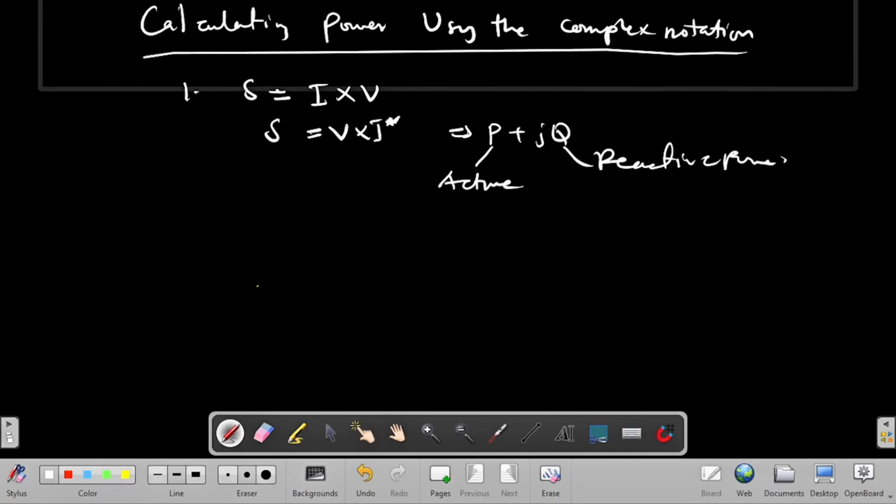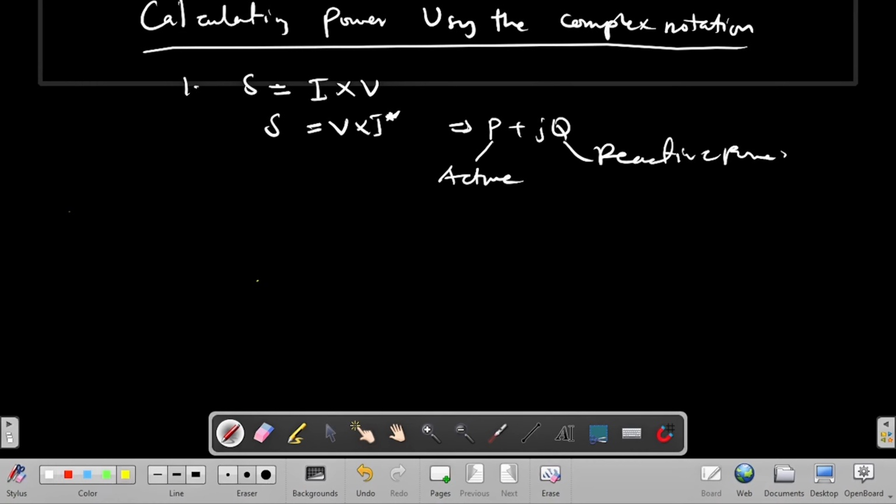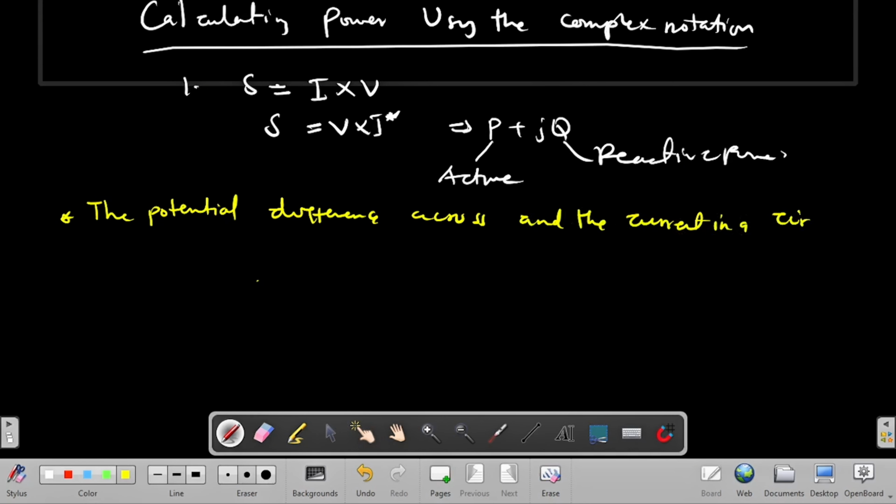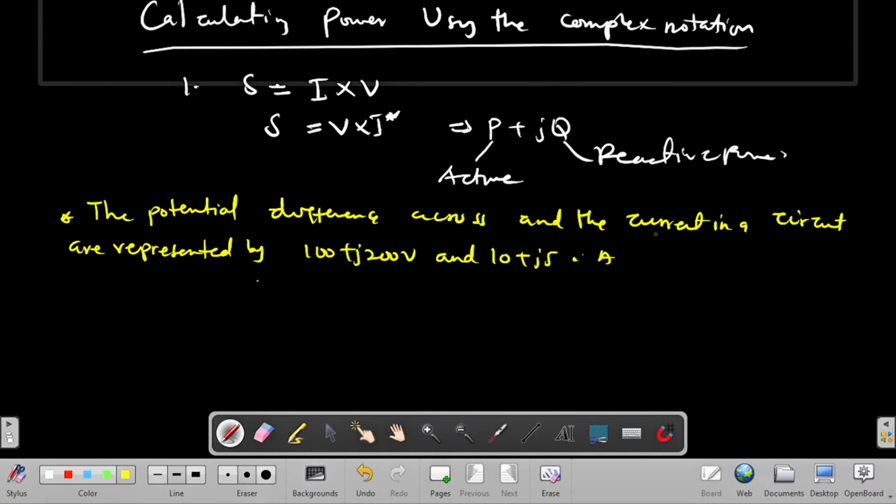Let's see a very nice example here. The potential difference across and the current in a circuit are represented by 100 plus j200 volts and 10 plus j5 amps.